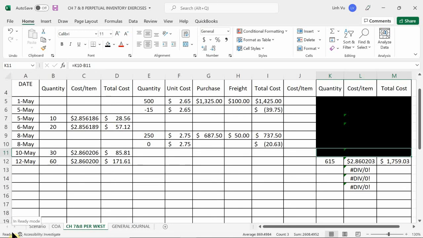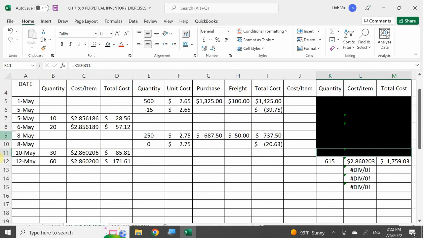The difference between the average cost per item is not that big of a change, so our numbers should be more closely accurate than if we had to go back and do everything all over again.